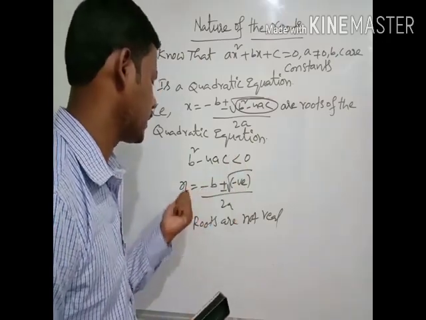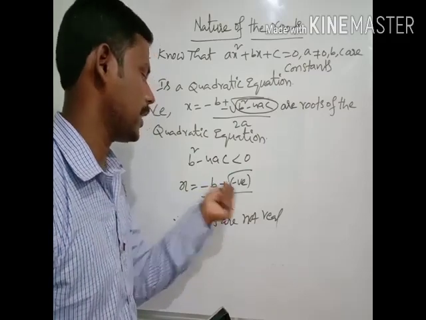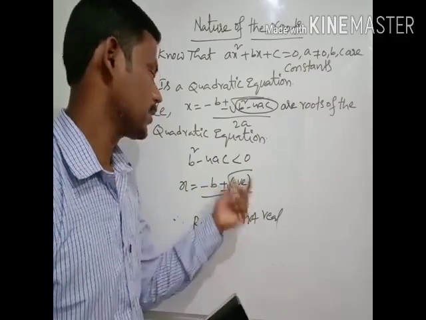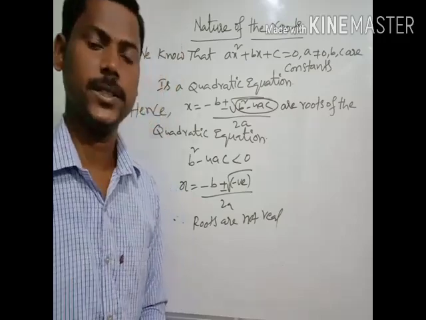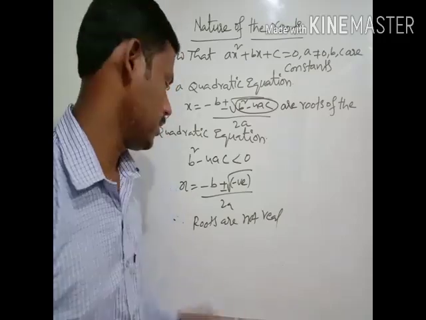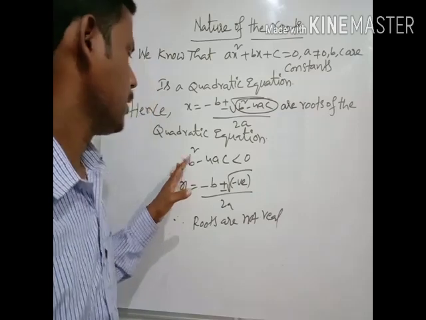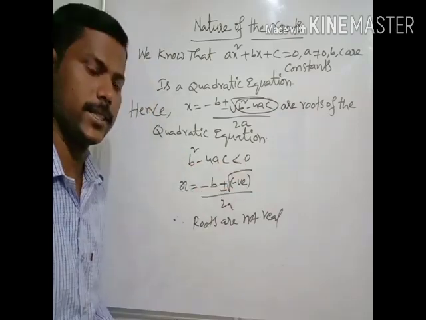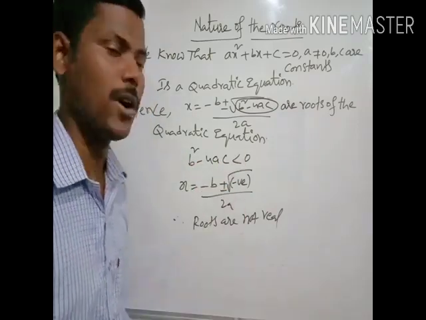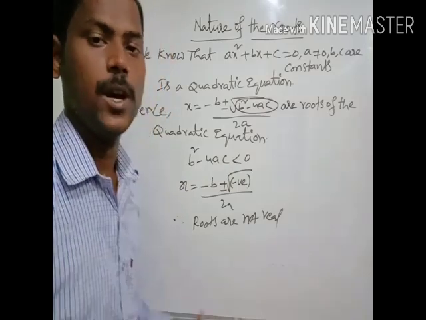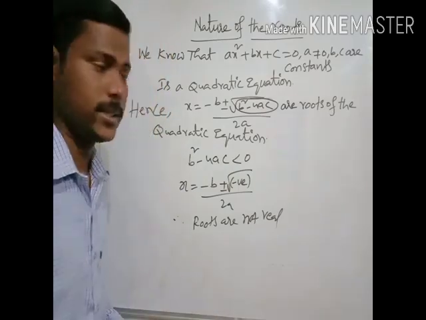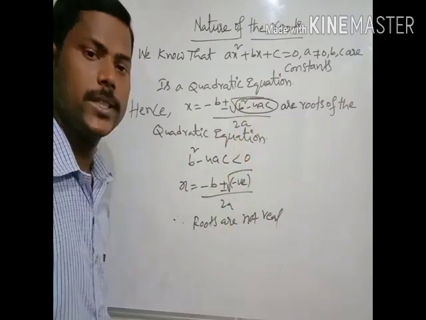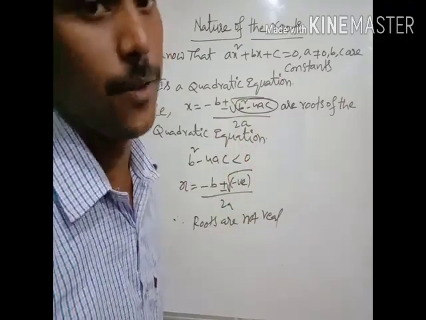Then x = −b ± the square root of a negative number. Square roots of negative numbers are nothing but what? Imaginary numbers. That means they are not real. So when b² − 4ac is less than 0, the roots are not real; that means roots are imaginary. These are the three cases we are observing for the value of b² − 4ac.